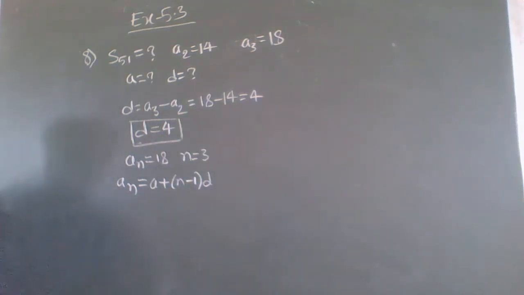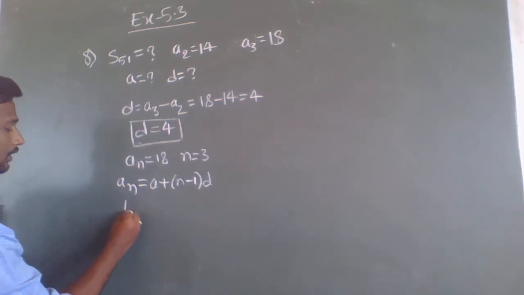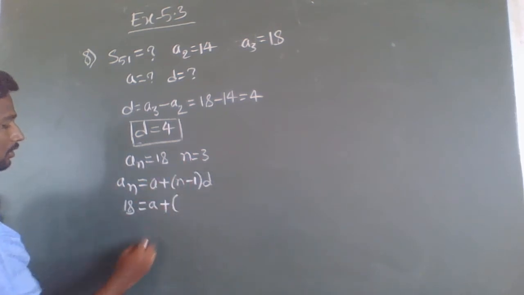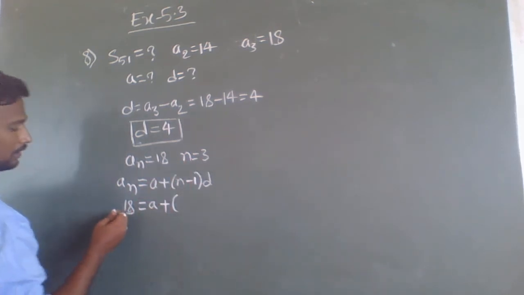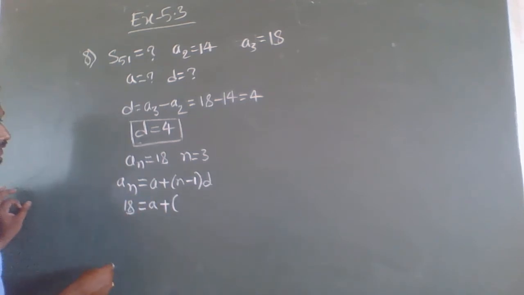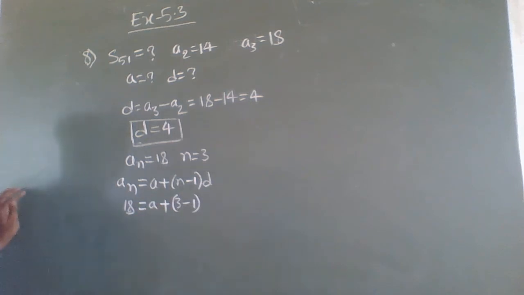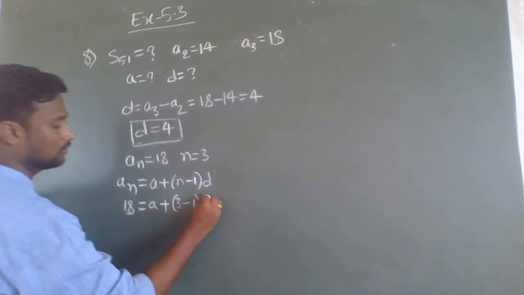What is the an value? I have considered A3 only. The an value is 18, and I have to calculate this a value plus the n value is 3, because A3 is considered as an. Therefore, the n value is 3 only. 3 minus 1 into d.